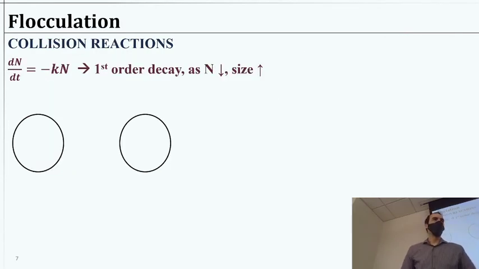Okay, so on to flocculation then. When we have a collision, I mentioned this earlier, but essentially what we're going to do is we're going to have two particles. They're going to collide and form one new particle. So in order to consider how this is going to act or how we're going to measure it mathematically, let's consider two volumes.